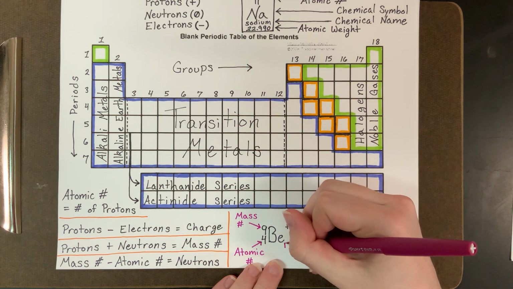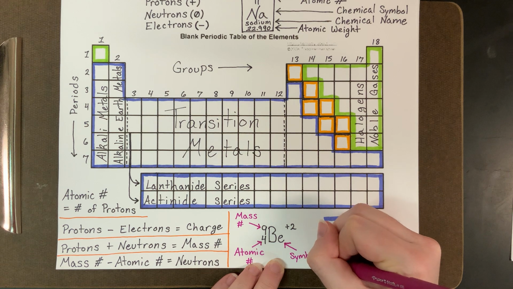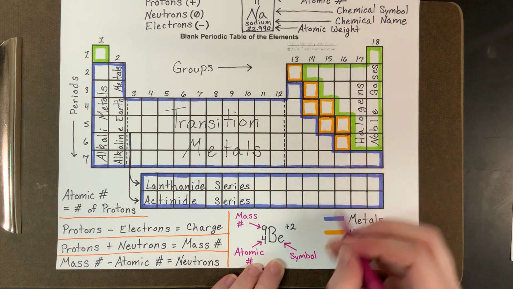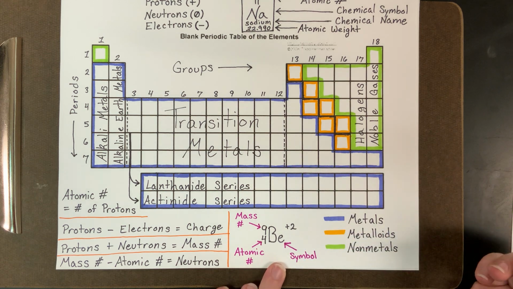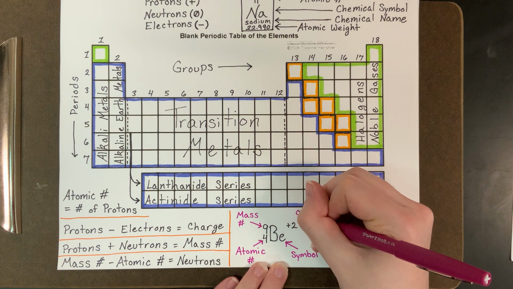My giant letters in the middle, we mentioned earlier, are the chemical symbol. And then lastly, my tiny number that is either going to be positive or negative is my charge.